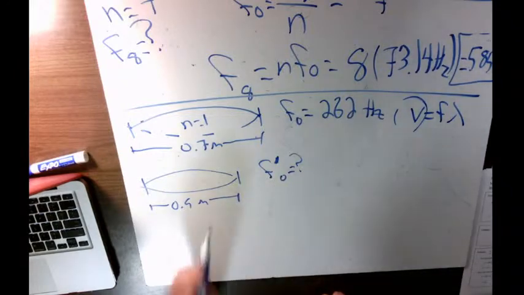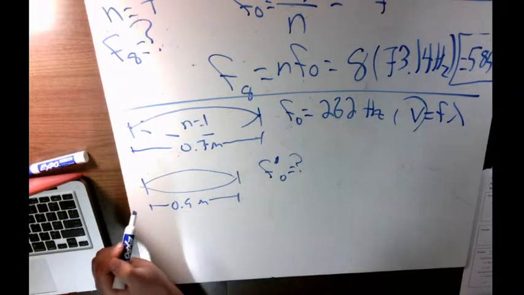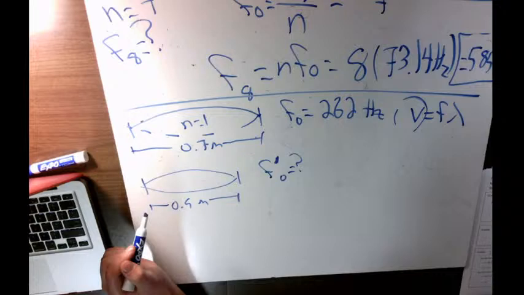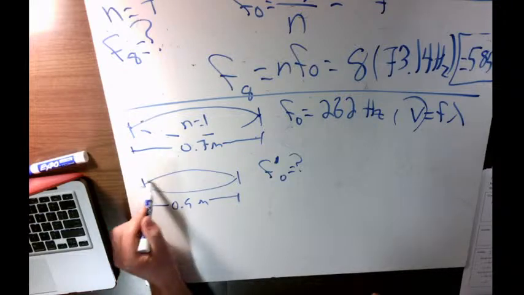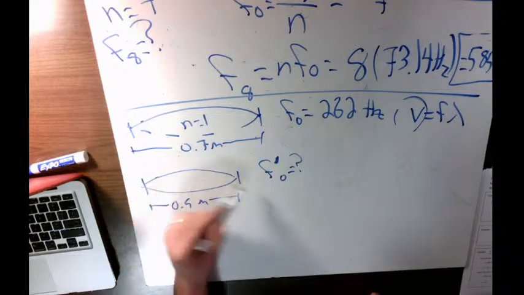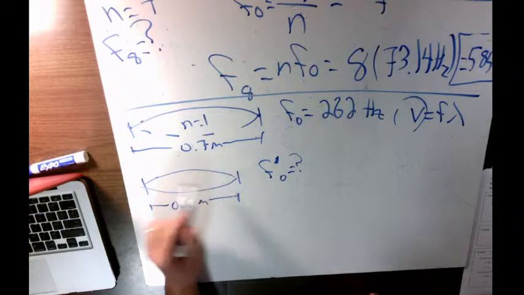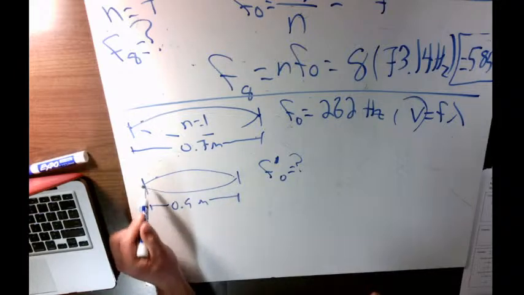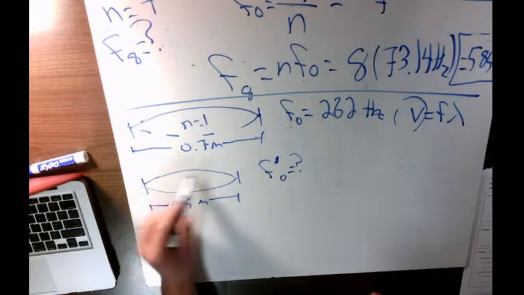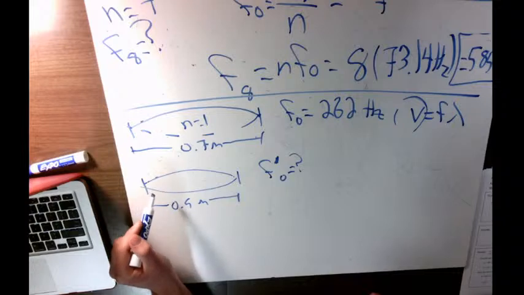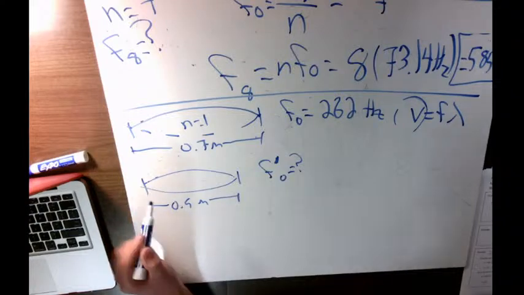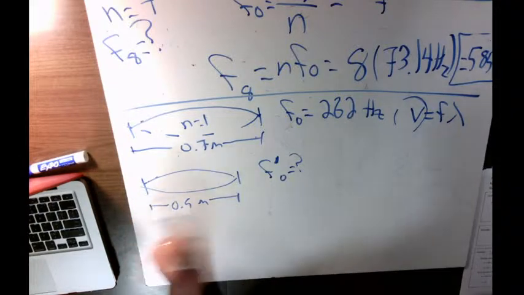And even when we cut the string, are we changing the medium? No, it's the same string, it's just a different length. Remember, the medium has to do with the molecules, the crystal lattice structure of our string or whatever the wave is traveling through. So in this case, we have the same medium. It's like having the same string thickness, just different length.